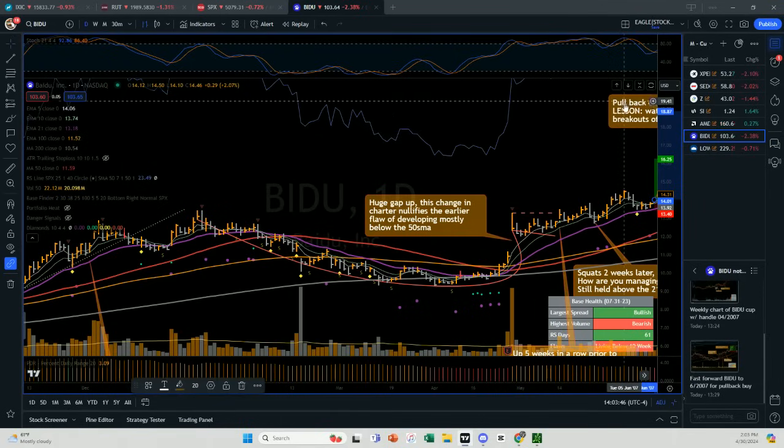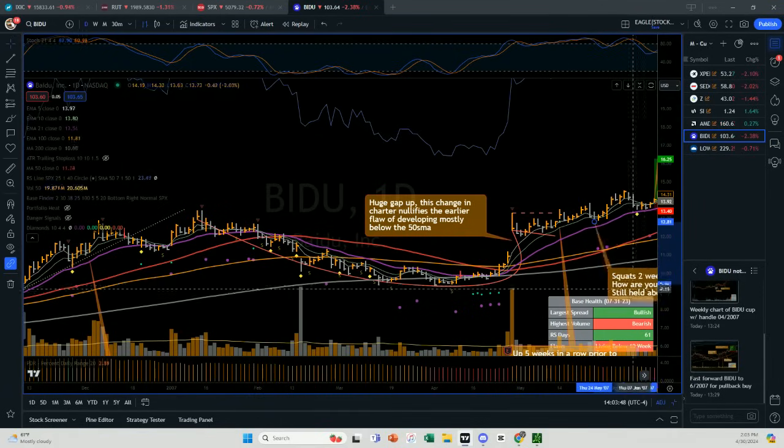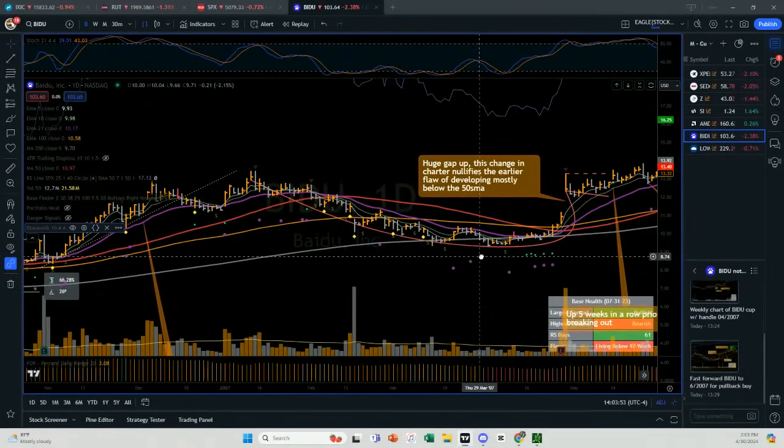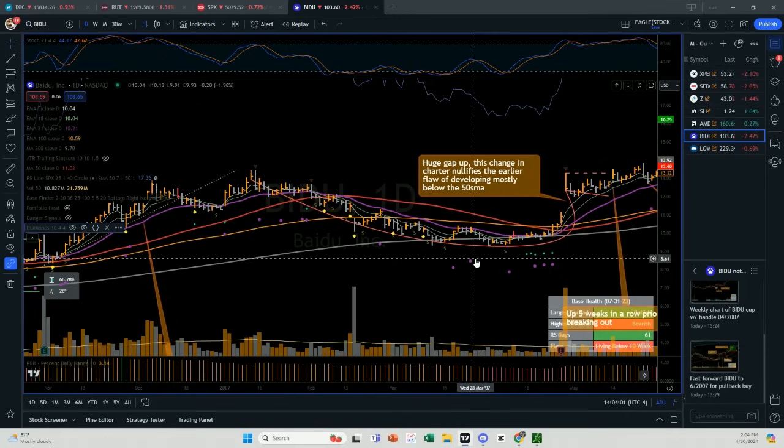Let's put that over here. Got a little bit of a preview, but this is the chart that they highlighted as a cup with handle. And so I thought that this one was pretty interesting as a case study.